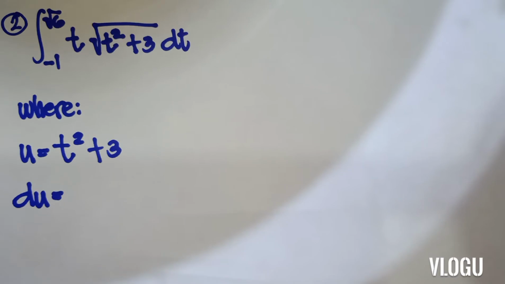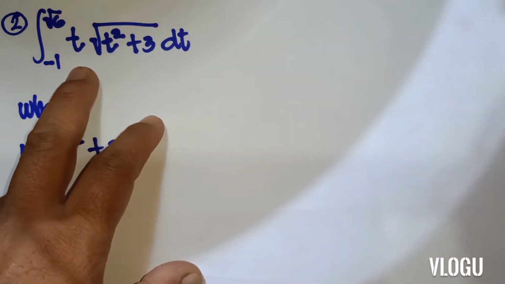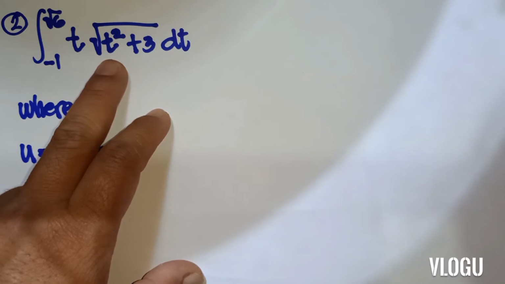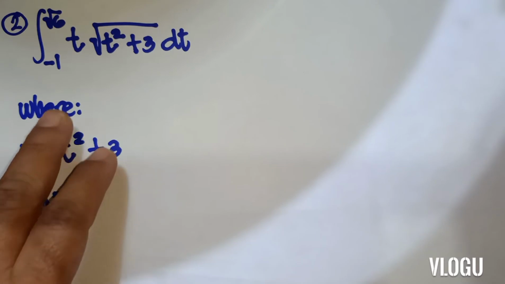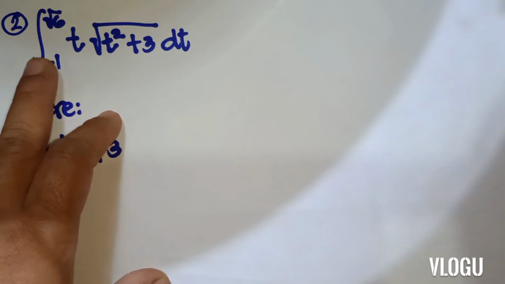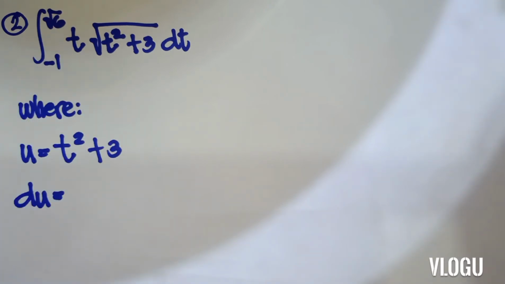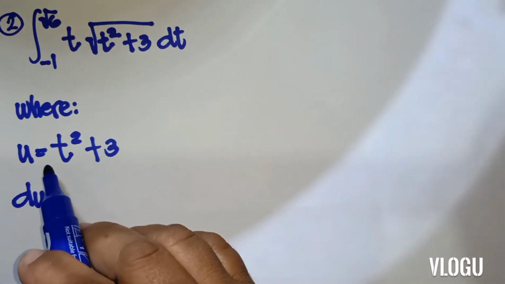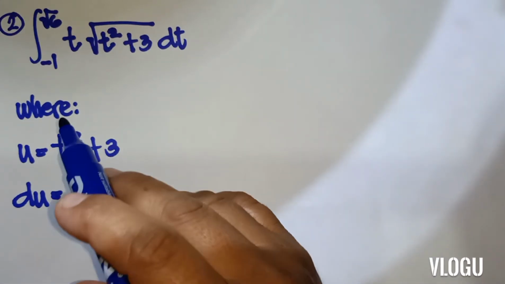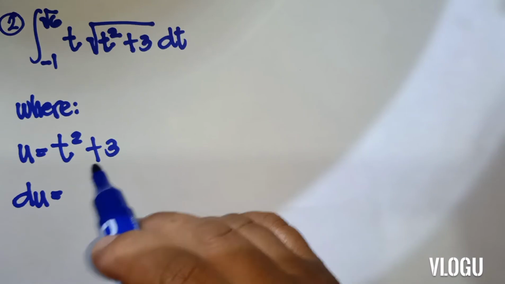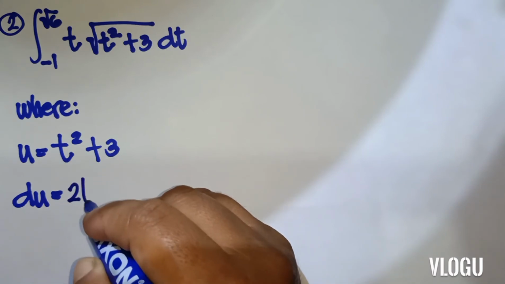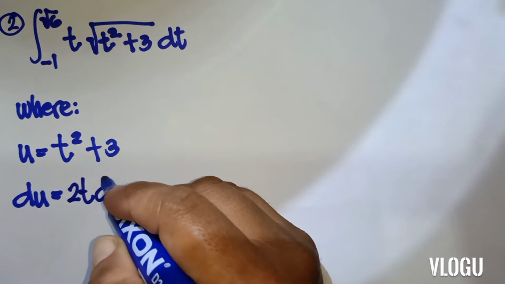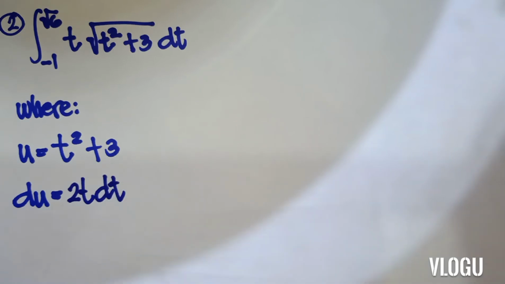Okay, the next example is the integral of t times the square root of t squared plus 3 dt, evaluated from -1 to the square root of 6, where our u is equal to t squared plus 3. Then our du is equal to 2t dt.